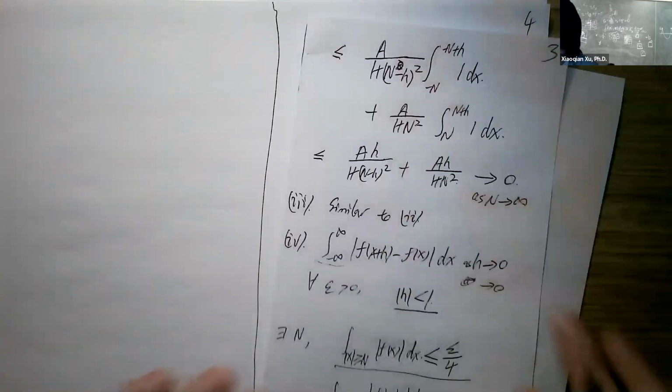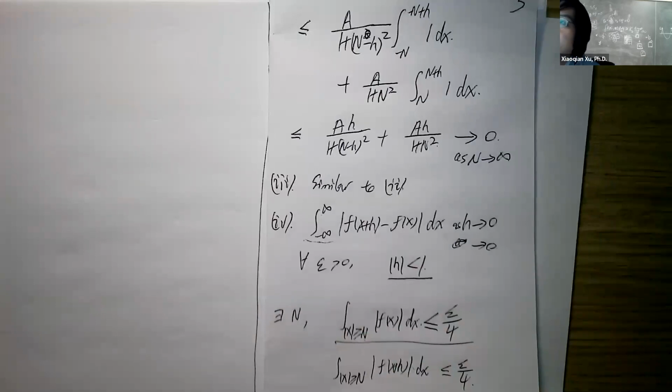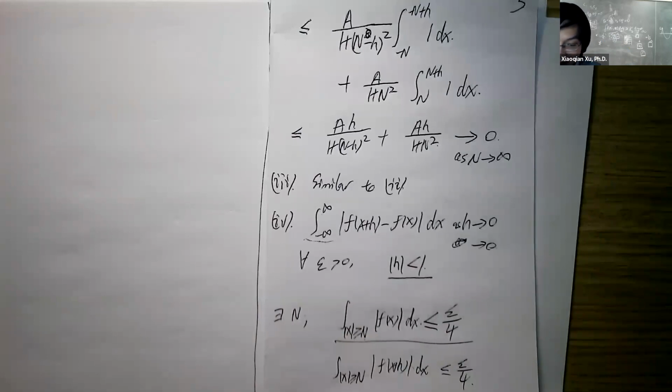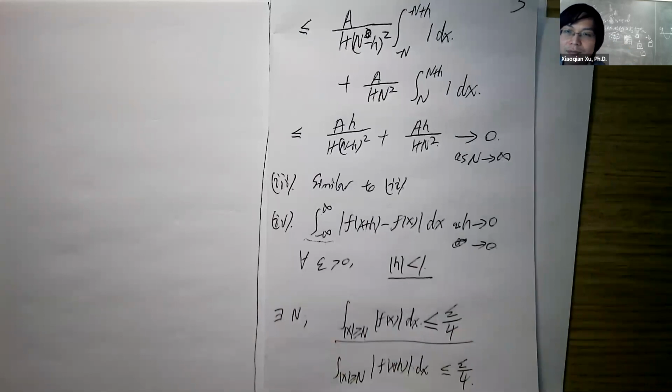This is actually a very standard argument in analysis. When you have this kind of integral on the whole space, then the bounded domain would be interesting for us, and the far field would also be interesting, but the interesting point of these two parts might be different. So now we can only discuss f(x+h) minus f(x) on some small, bounded domain.